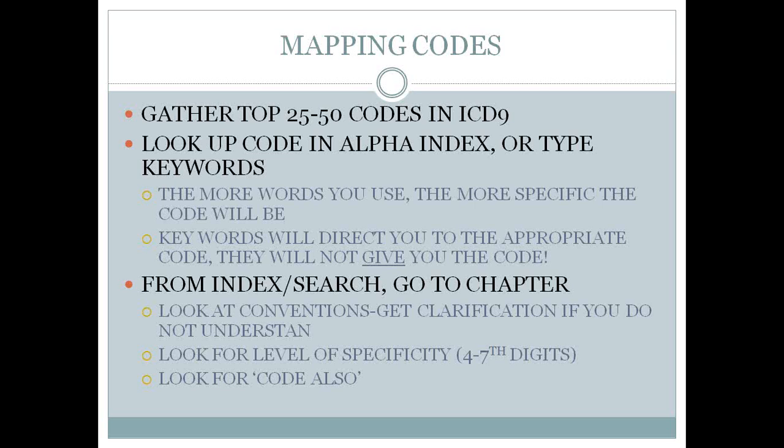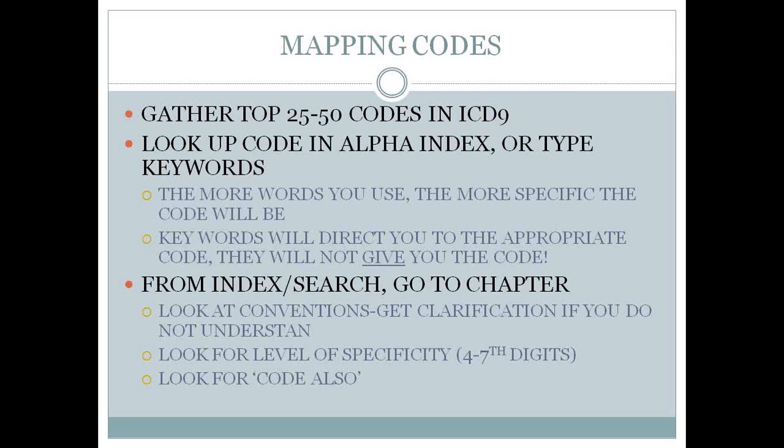Once you have your keywords within your code, you will be directed to an area of your coding system, whether it's a book, an online format, or your practice management software. Any one of those will direct you to the appropriate code.